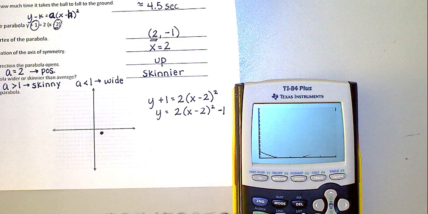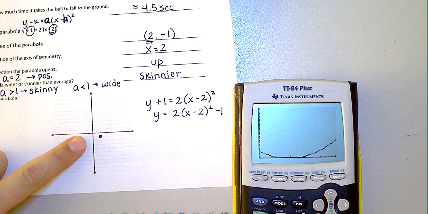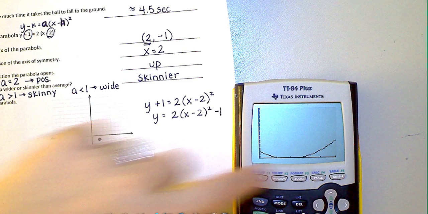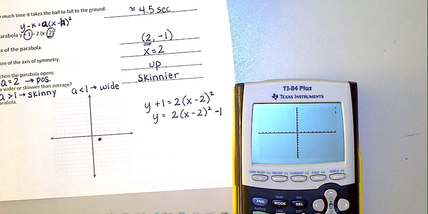Now, at this point, many of us would be freaking out a little bit. That doesn't look anything like what it's supposed to look like. Well, that's because my window is still set from that last problem that we did. I need to get back to a regular graph that looks like this one. So to reset your window, you can always go to Zoom, and number 6 is standard, and it'll take you back to a nice regular window. Okay?